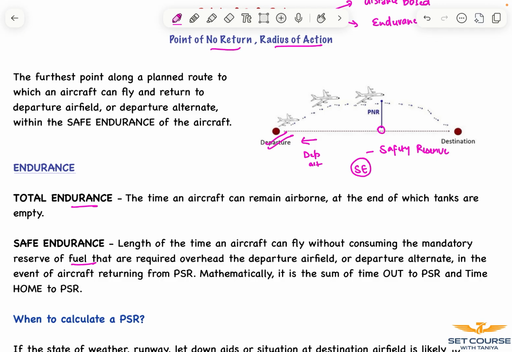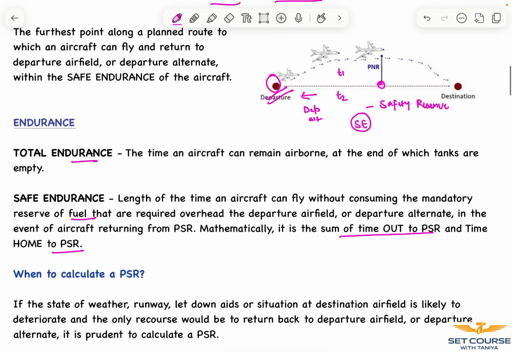Mathematically, it is the sum of the time out to PSR and the time home from PSR. That is, it is the sum of the time, say T1, required for an aircraft to go from departure to the point of safe return, and the time it takes to come back to the departure airfield.